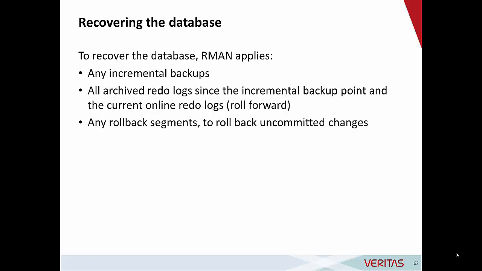Once the necessary files have been restored, recovery takes place. RMAN applies incremental backups first, and then it does a roll forward on the archived redo logs that have been taken since the last incremental backup, and if necessary, it will do a minor rollback of uncommitted changes. Again, the point of recovery is returning the database to a consistent state.